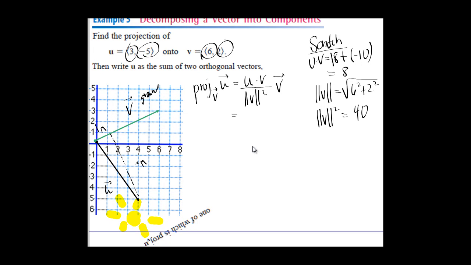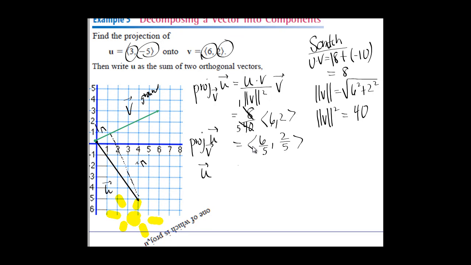So plugging in numbers, we've got 8 over 40 times vector v, 6, 2. Reduce 8 over 40 by dividing by 8, to get 1 over 5. Distributing, we get 6 over 5, comma, 2 over 5.